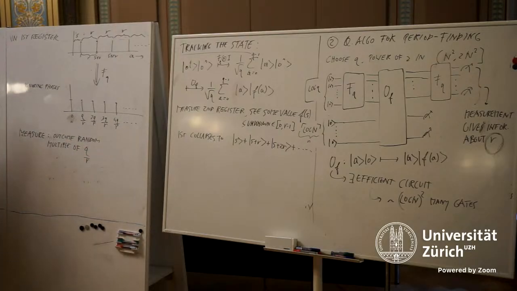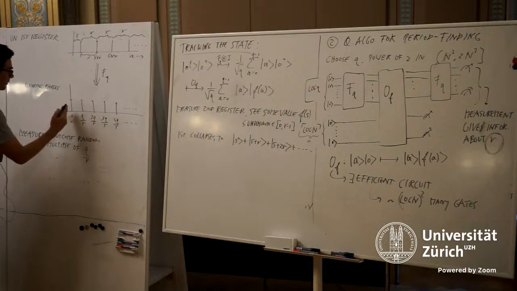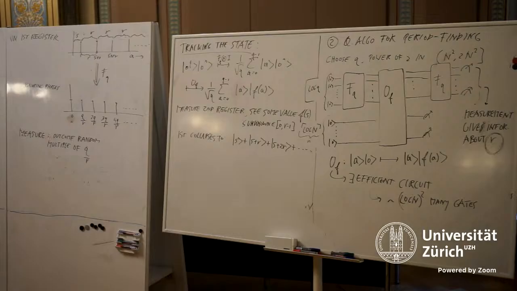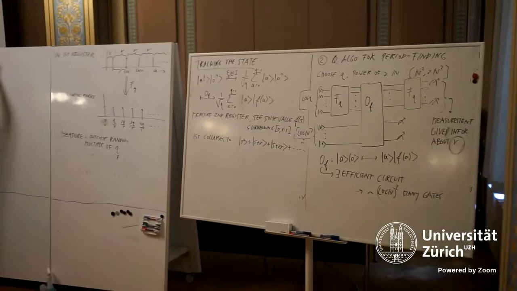Because this superposition has support on all the multiples of Q over r. If you measure it, you're going to see one of those multiples. You don't have control over which one you see. But now we're almost done, because I have only a few minutes left. So finding r from the measurement outcome.